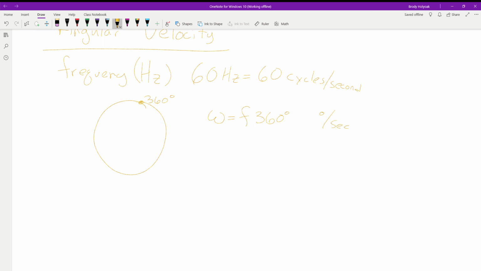Or radians, rads per second. This is different than if we're getting exposed to radiation. These are good rads compared to the radiation rads.